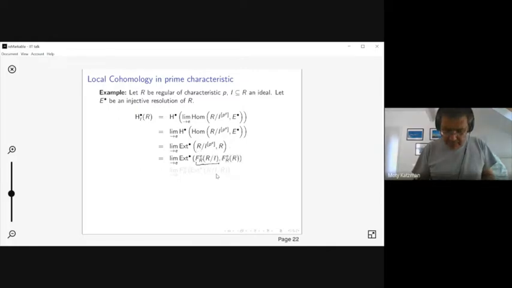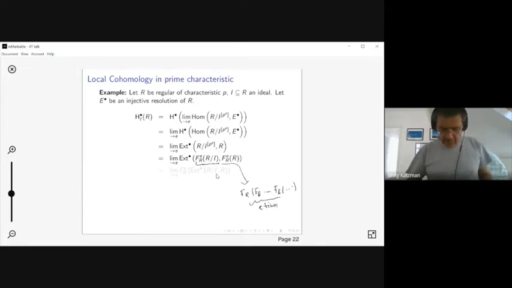This is what you get by taking F_R of F_R of F_R, E times. And the same thing for R. You can think of it as being the iterated Frobenius functor applied to R. If you want, you can get this by taking I equal to 0 in the previous example.